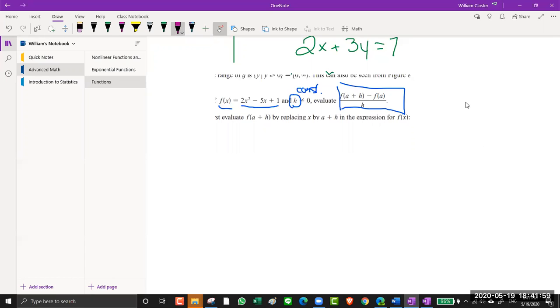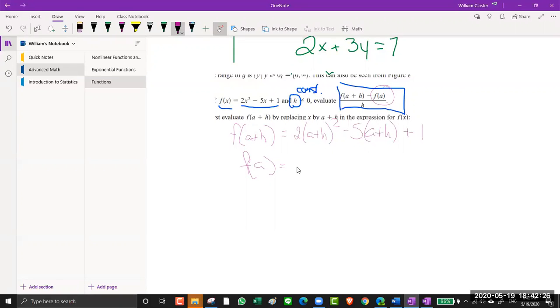So what we need to do is calculate f of a plus h. So that's going to be what? 2 times a plus h squared minus 5 times a plus h plus 1. And then we also need to calculate this part, f of a.